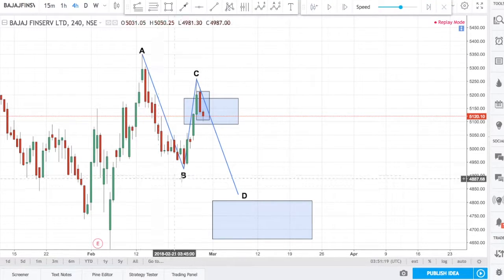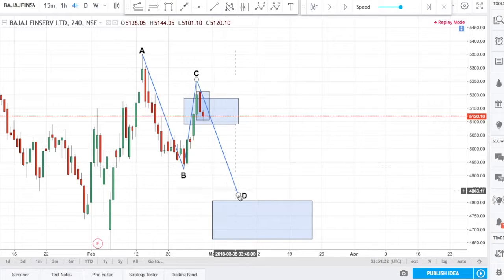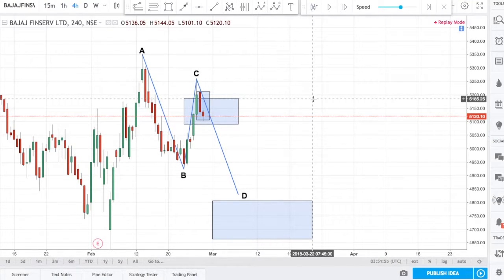So here we have our possible ABCD setup and the possible reversal zone. Before that, we should also mark our possible target areas using the Fibonacci retracement tool from A to D.